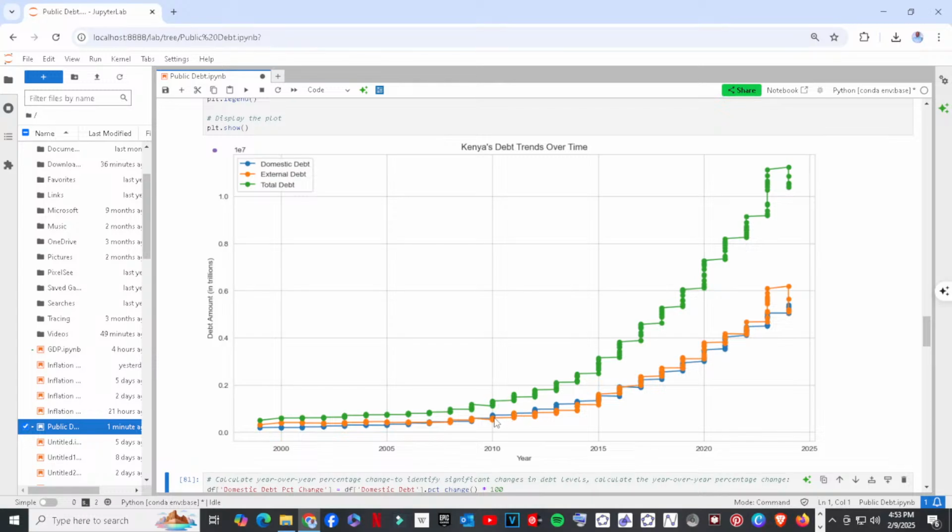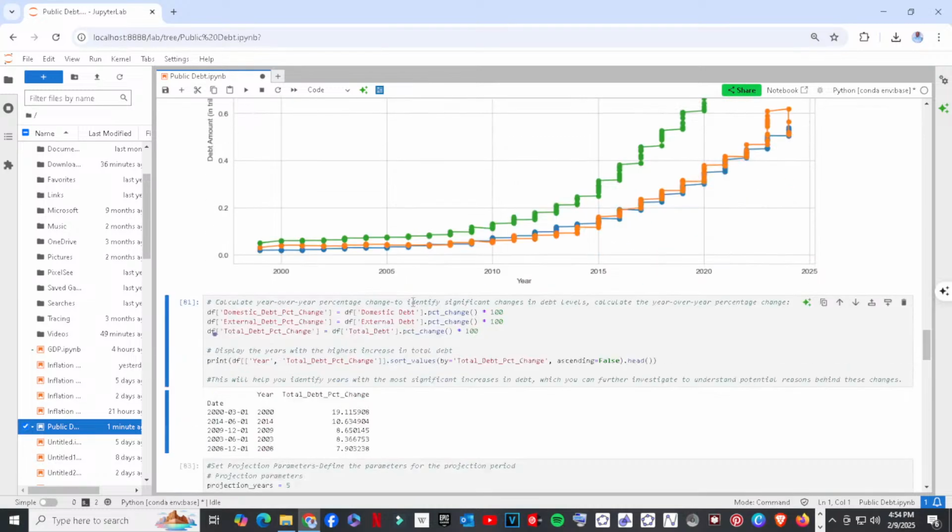The rate of change between 2010 and 2015 wasn't much. But then the rate of change in terms of debt began in 2015. It peaked from 2015, and it's been on an increasing trajectory from 2015 up to now.